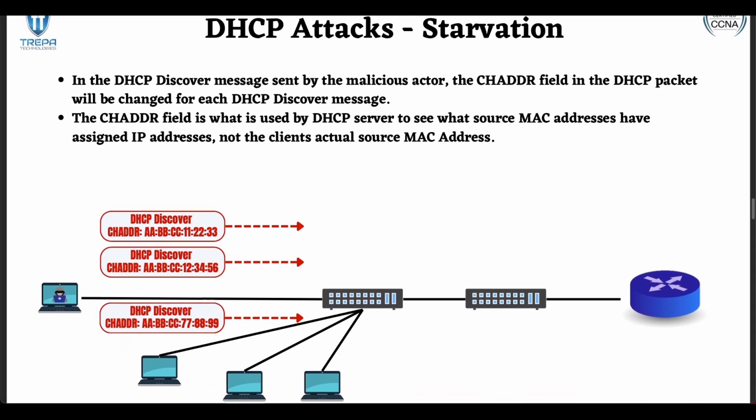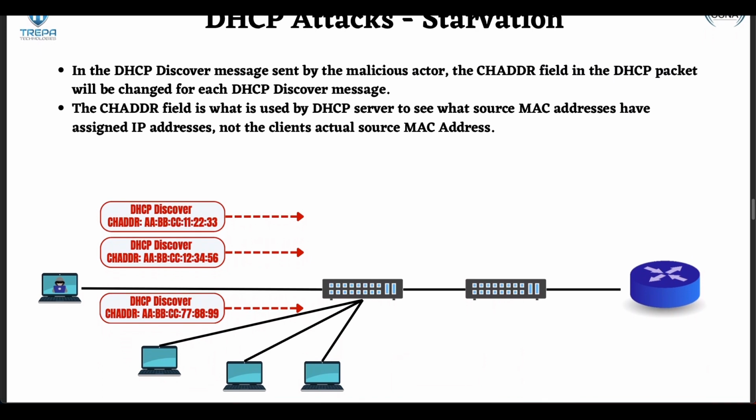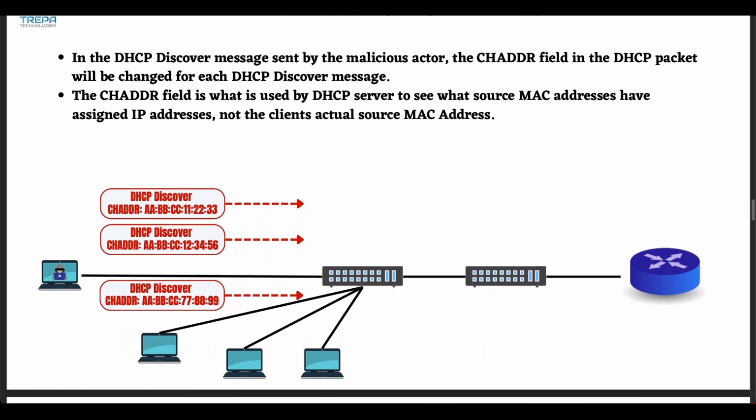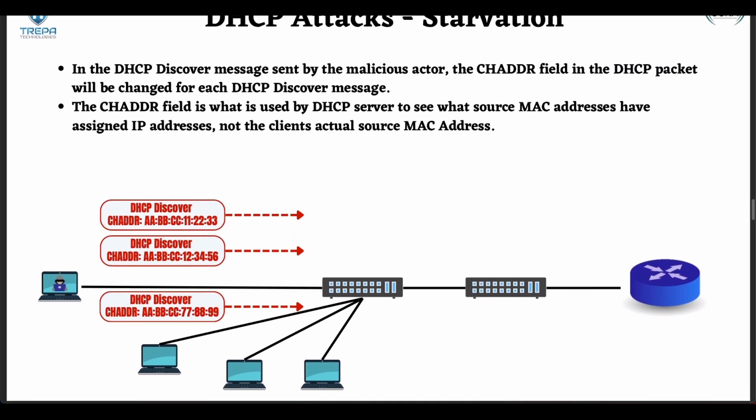Going over this starvation attack a little bit deeper, in the DHCP discover message sent by the malicious actor, the client hardware address field in the DHCP packet will be changed for each DHCP discover message. The client hardware address field is what's used by the DHCP server to see what MAC addresses have been assigned IP addresses, not the actual client source MAC address.